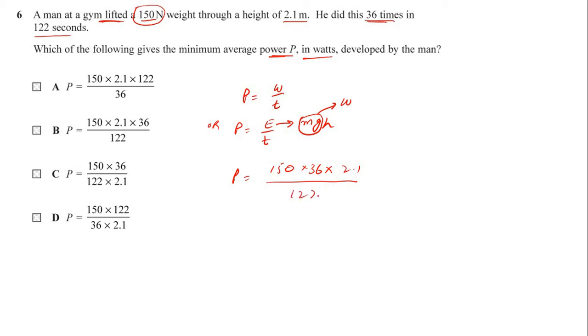So from this, your option will be B: 150 times 2.1 times 36, and then 122 is the time. So your option is B.